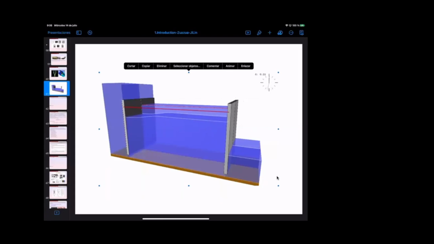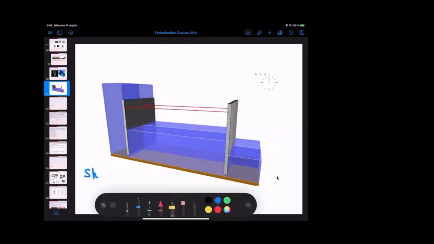So we have Navier-Stokes for three-dimensional fluids, and here there is the shallow water equations, which are a simplification of the Navier-Stokes equations.